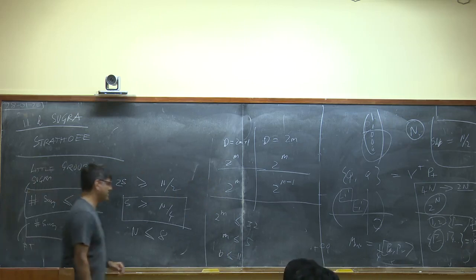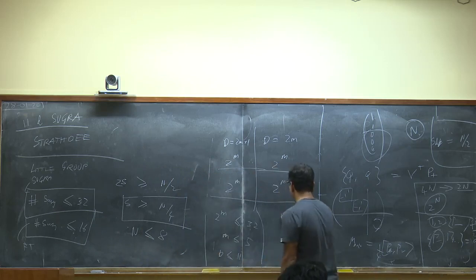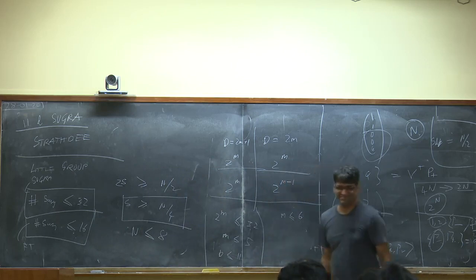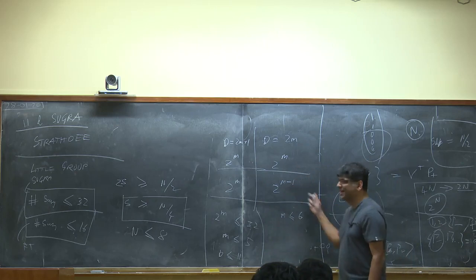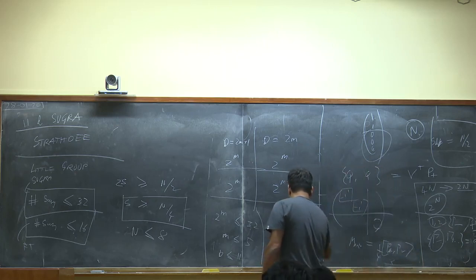Okay, now let's try here. Here we would get m less than or equal to 6, because m minus 1 is less than or equal to 5. So D is less than or equal to 12.